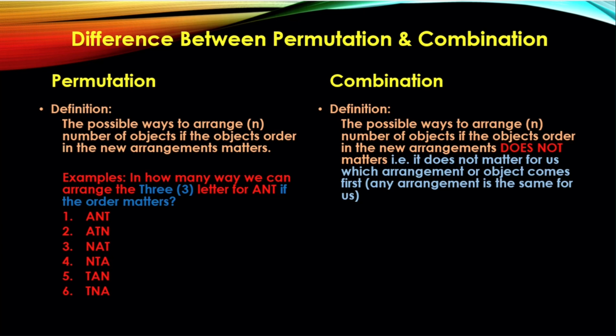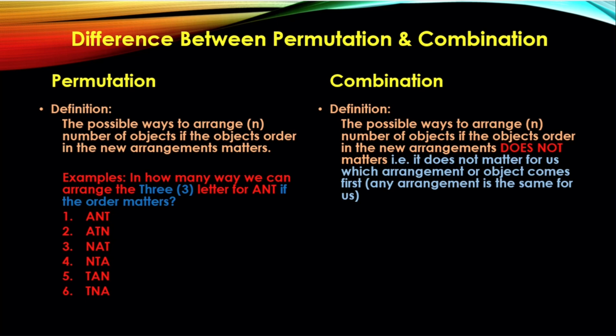I can put the letter A first. If I put A first, I can put N second, so the third will be T. If I put A first and T second, the third is N, so I have different arrangements. A, N, T and A, T, N are not the same.